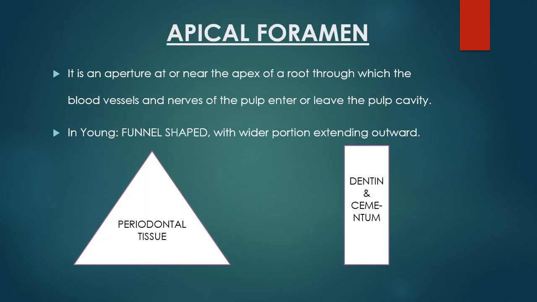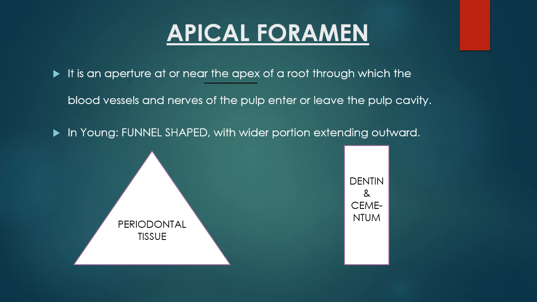Coming to the apical foramen. This is nothing but the aperture at or near the apex, through which the blood vessels and nerves of the pulp enter the pulp cavity. This is an aperture or a hole near the apex, from where the blood vessels and nerves enter the tooth.